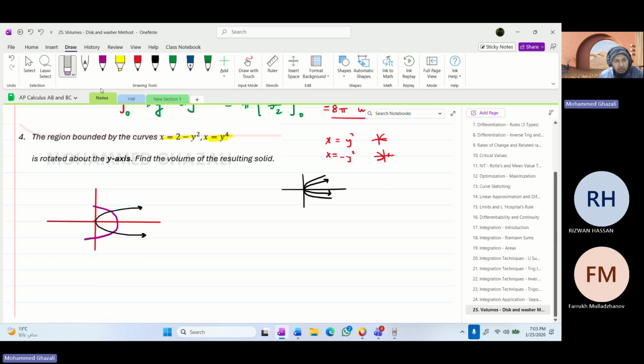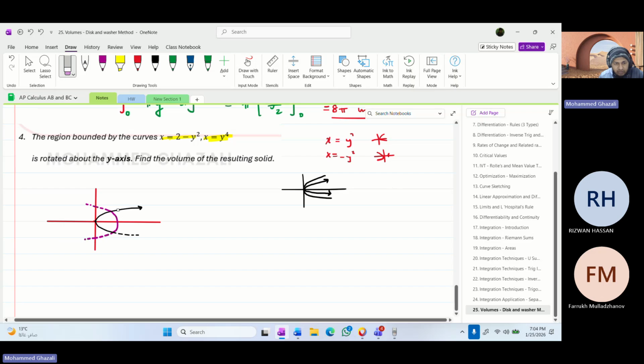Let me draw this in broken lines now, because that's not part of the graph. Remember, I sketched the graph first. I was supposed to find the points of intersection, because we needed to know.